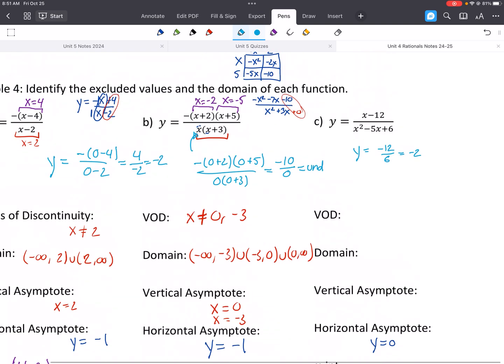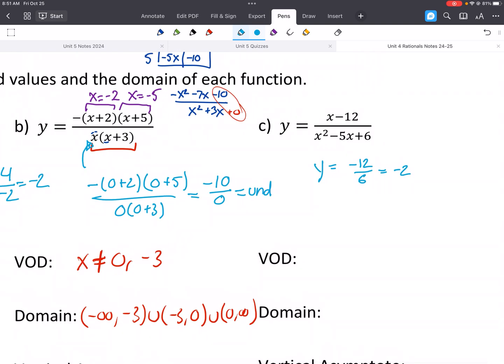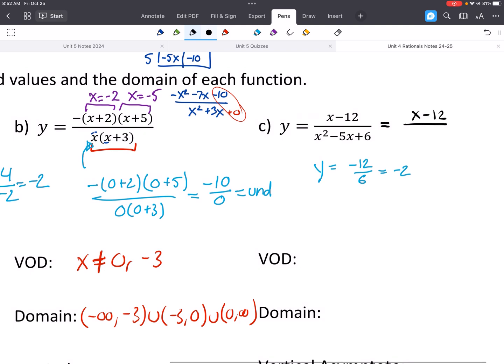Okay, so let's go back and talk about the excluded values. So here again, we would need to write this in standard form. So we have x minus 12 over, and then we would need to factor. So what could multiply to 6 and add to negative 5?